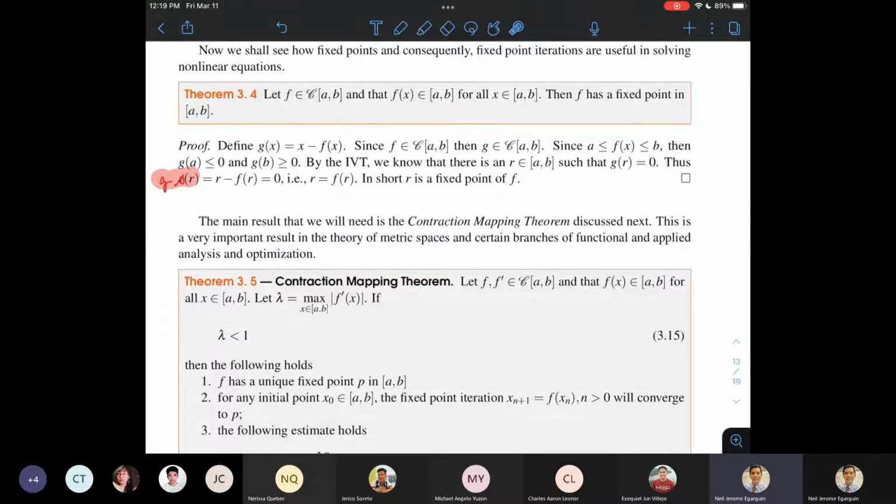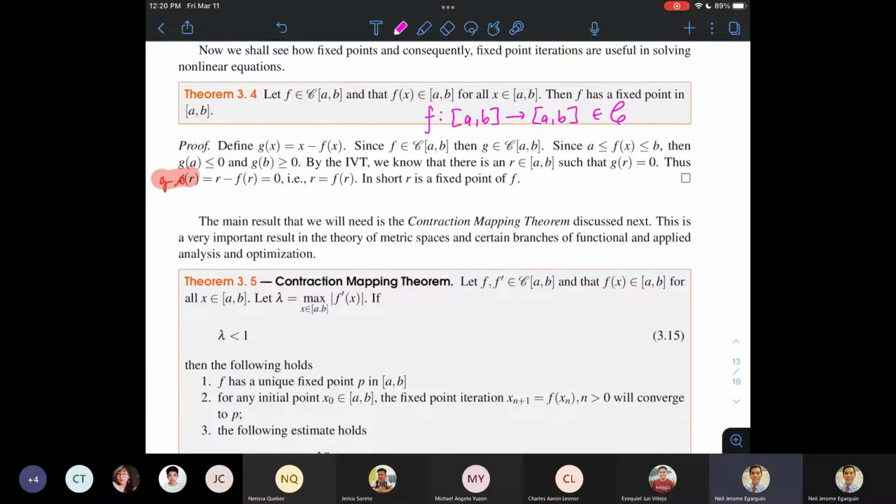So dito, kapag yung function mo, ang domain niya ay closed interval AB, tapos ang range niya ay closed interval AB rin, tapos continuous siya, then that function has a fixed point in a closed interval AB. So ang kailangan lang pala, continuous function, dapat maging function siya from AB to AB, okay? Tapos continuous. Then that guarantees na meron kang fixed point doon sa closed interval AB.